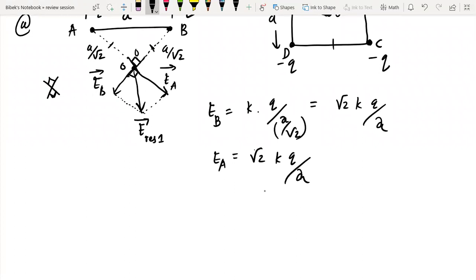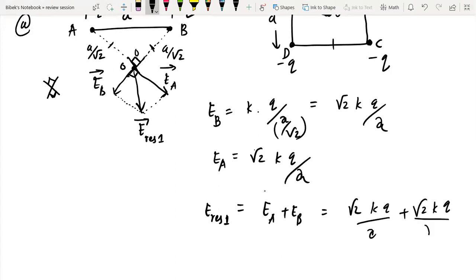So your E resultant 1 will be EA plus EB, the regular sum: root 2 KQ over A plus root 2 KQ over A, so that's 2 root 2 KQ over A.